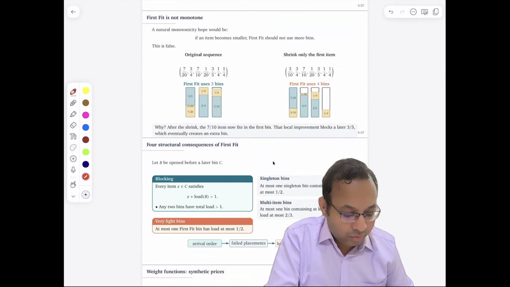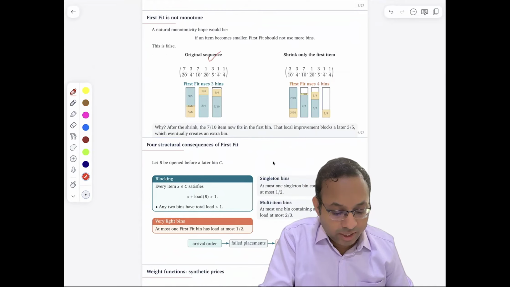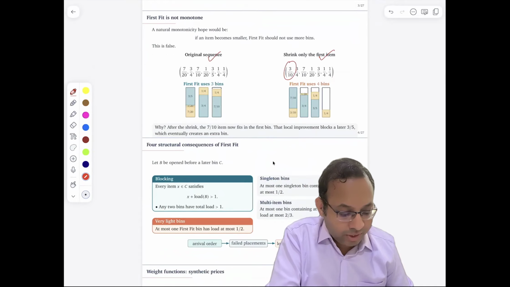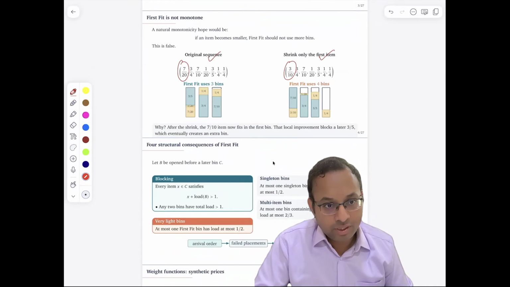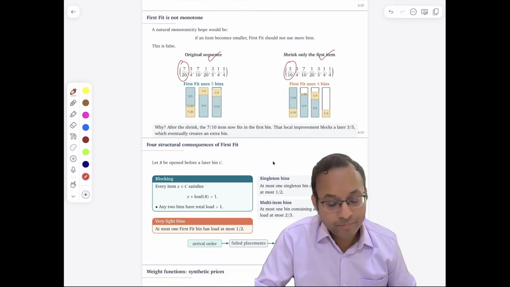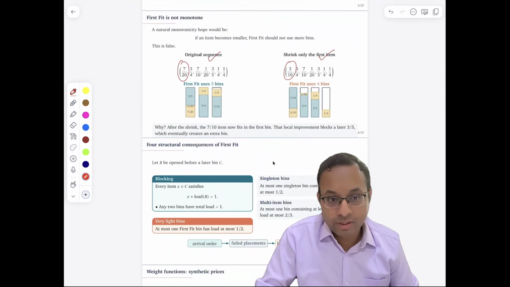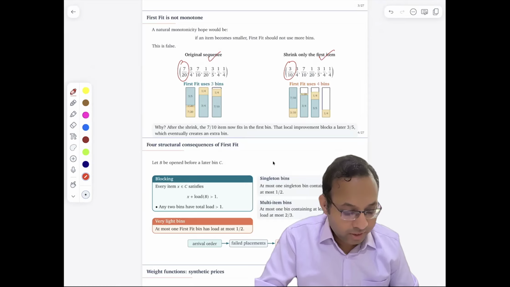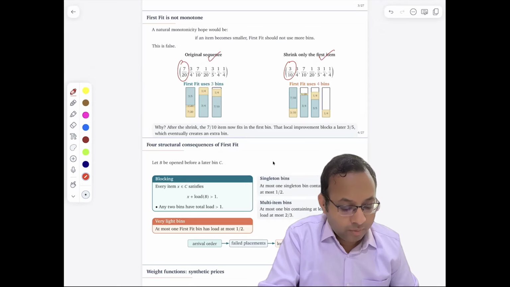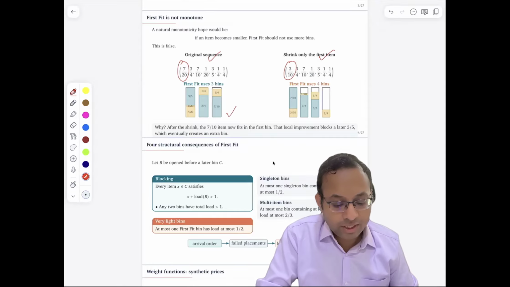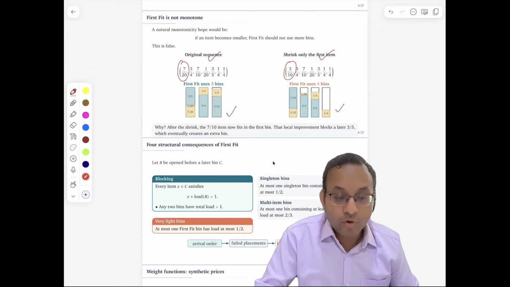So let's say this is one sequence and this is a second sequence. In this sequence, actually, we have a smaller item. Instead of 7 by 10, we have 3 by 10 or 6 by 20, which is a slightly smaller item. And the remaining items are the same. Now, if we run first fit, in the first example, it will be packed in 3 bins. In the second example, you will need 4 bins.